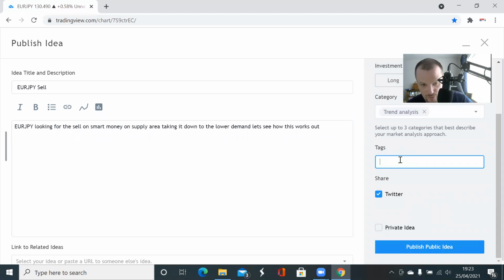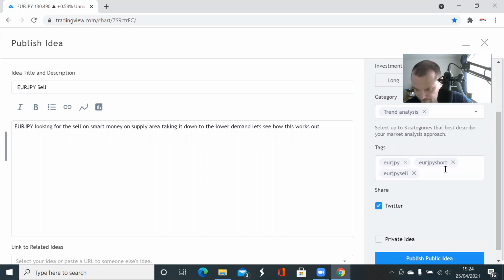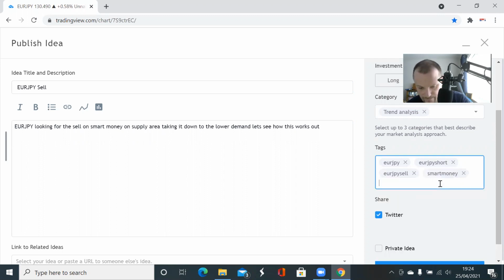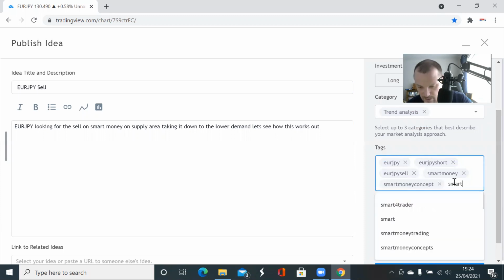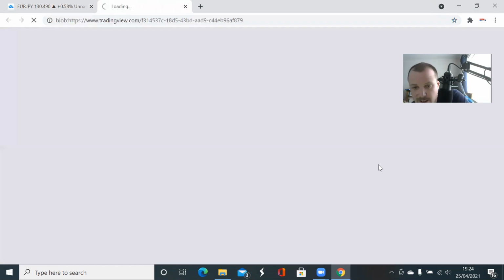We're going to go EurJpy, smart money concept, and smart money trading. Right, so that's set. Just publish that in the area, and we'll keep an eye on these.